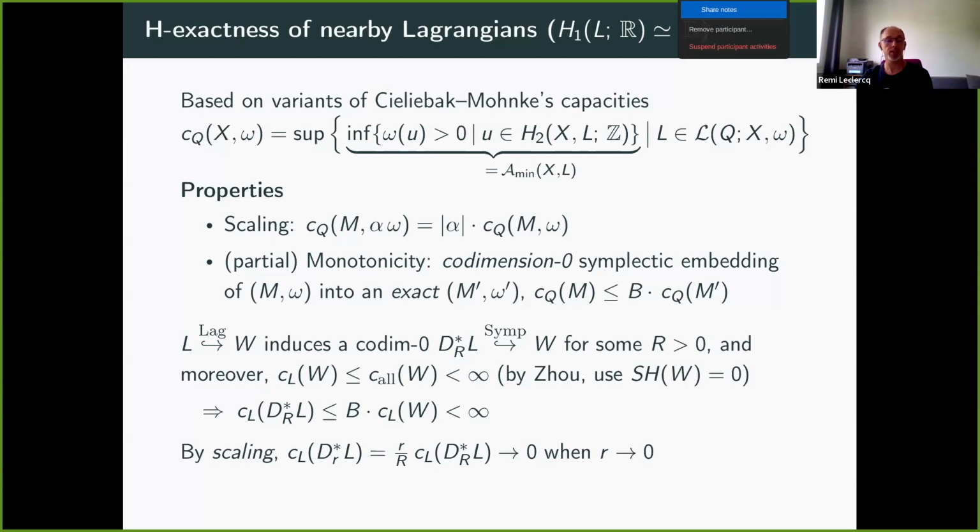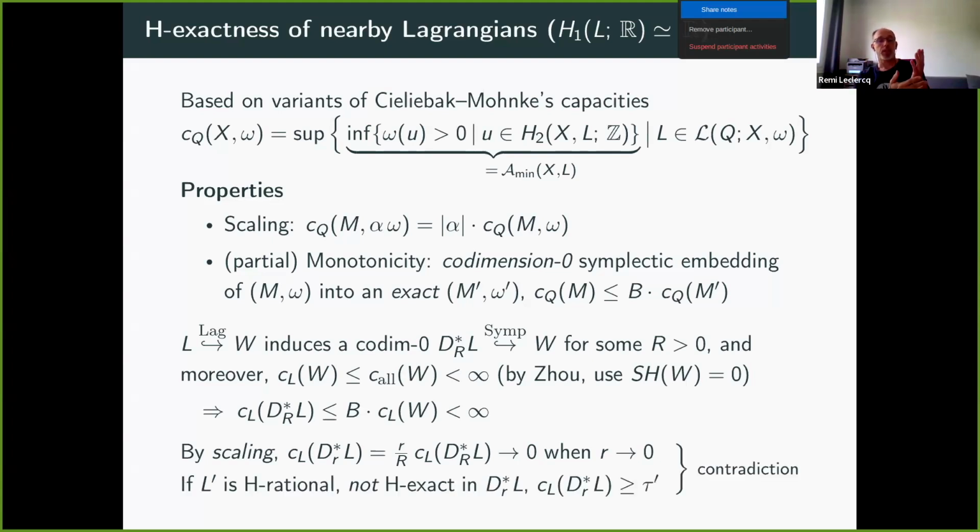But on the other side, if you have a Lagrangian which is H rational but not H exact in any of these small neighborhoods, then its capacity has to be greater than tau prime. It's like by definition, right? So it has to go to 0 and be bigger than tau prime: contradiction.